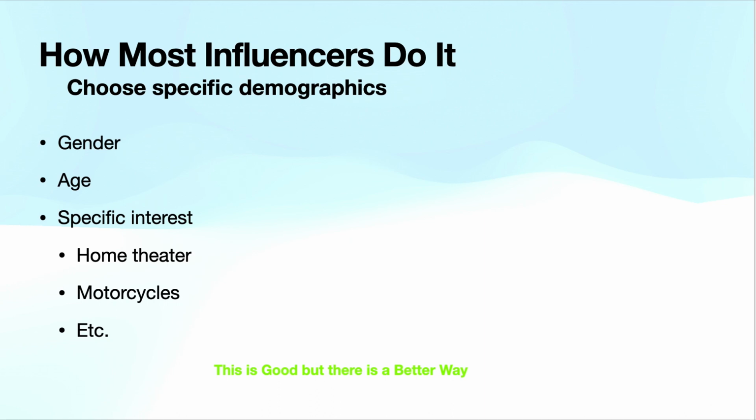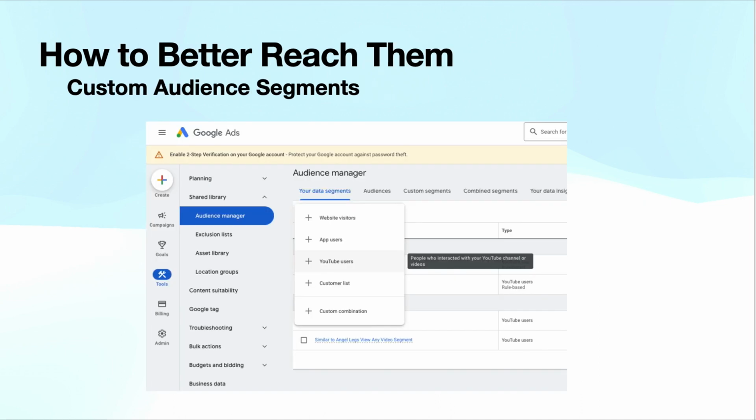Fortunately, YouTube Ad Manager has a better way through custom audience segments. So to create a custom audience segment, you have to use the Audiences tool. You have to find the Audience Manager. Once you do, you're going to get a choice of several types of audiences, and what you want to do is choose YouTube users.